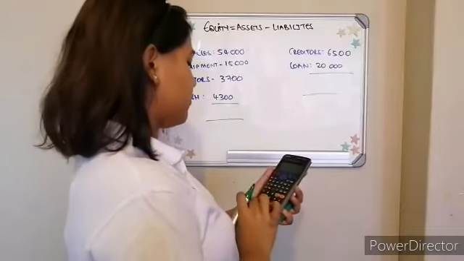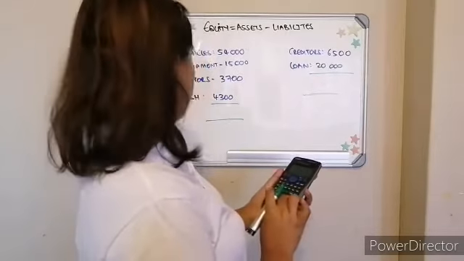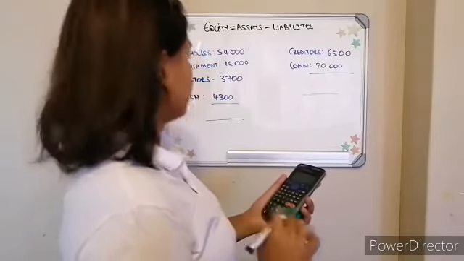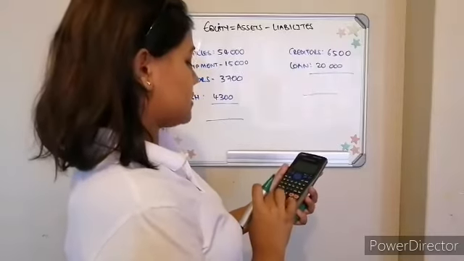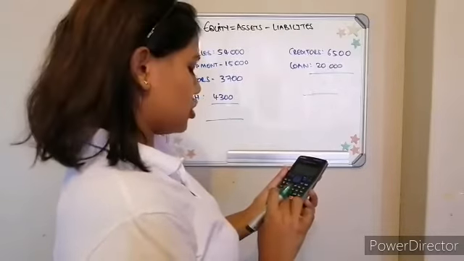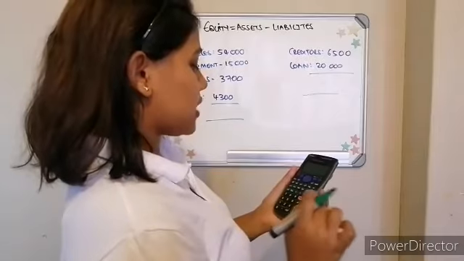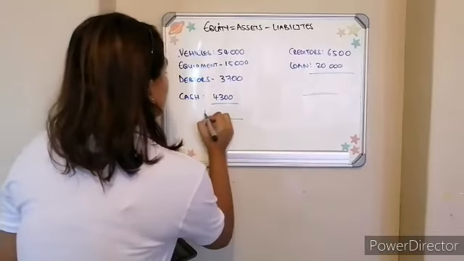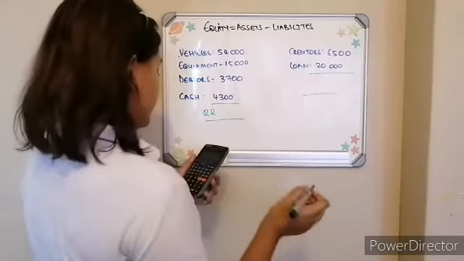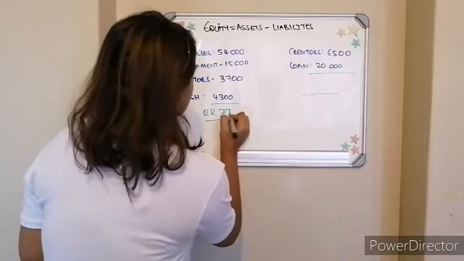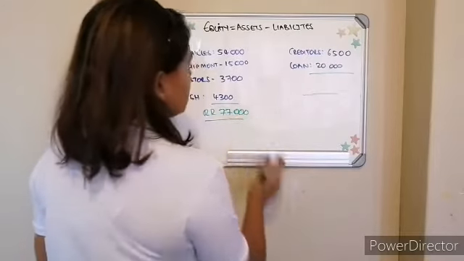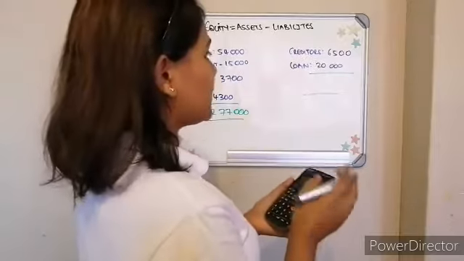Okay, so 54,000 plus 15,000 plus 3,700 plus 4,300. Our total assets within the business is 77,000.